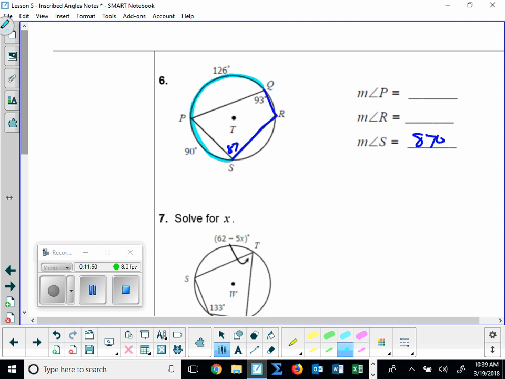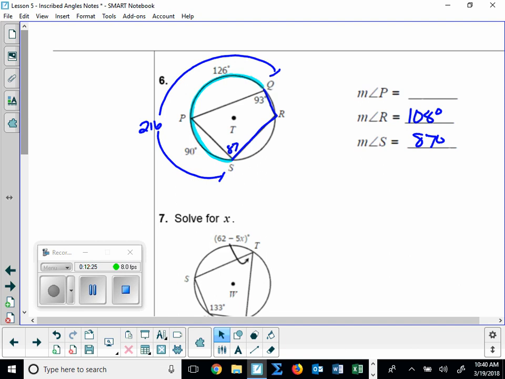Oh, 126 plus 90, right? 126 plus 90 is, having a hard time adding, 216. So from here to here, 216. The inscribed angle is half the intercepted arc, so half of 216 is 108.